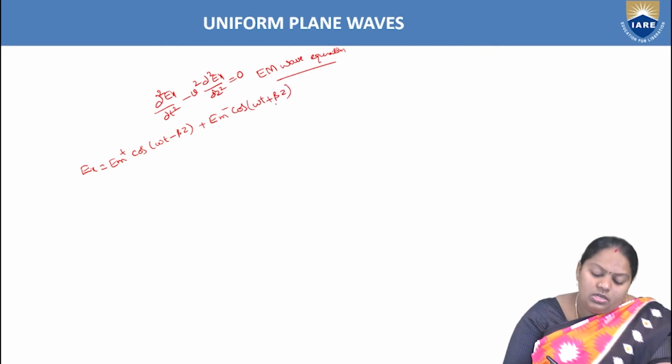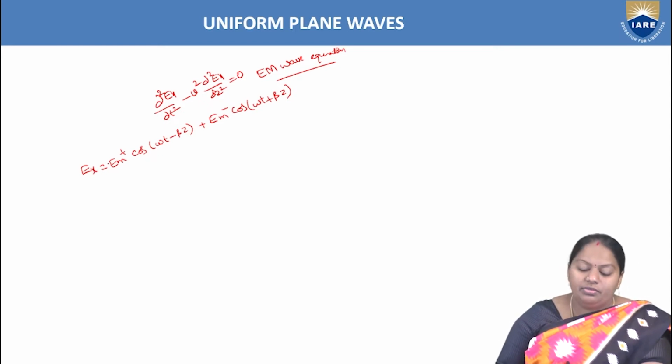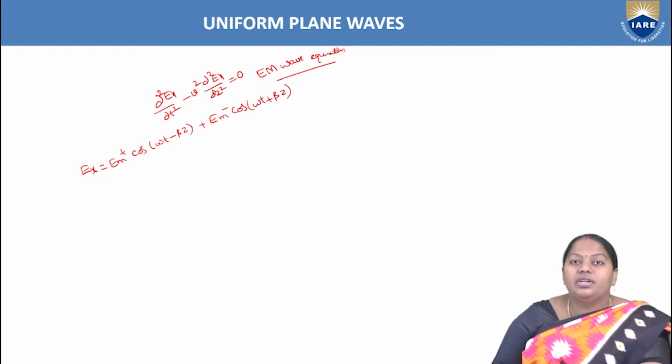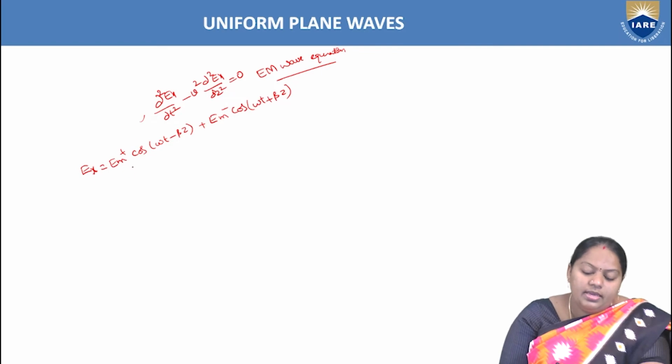Here, according to the uniform plane wave definition we are assuming, the electric field is in the x direction and the magnetic field is in the y direction.